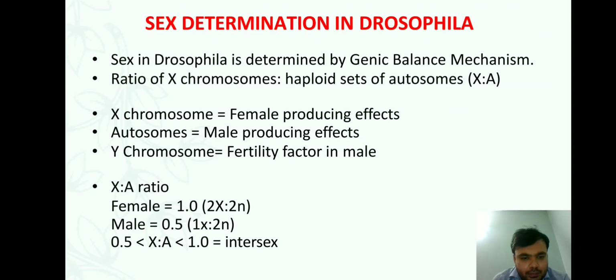Whereas for the male, it will be 0.5, as you can see there is 1X and 2N. So there are 2 autosome sets and 1 X chromosome. This is the numerator, this is the denominator. In this case the ratio will be 1, and in this case it will be 0.5. So this is the X ratio A. When it is 1 or greater than 1, it will produce female. When it is 0.5, it produces male.